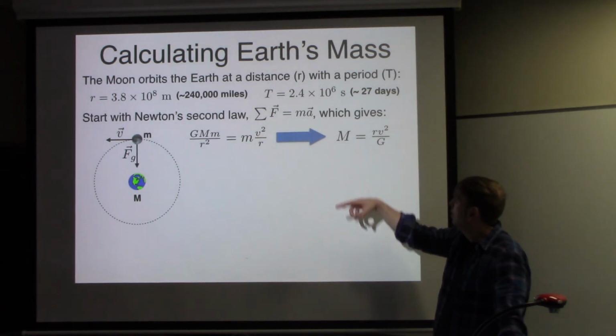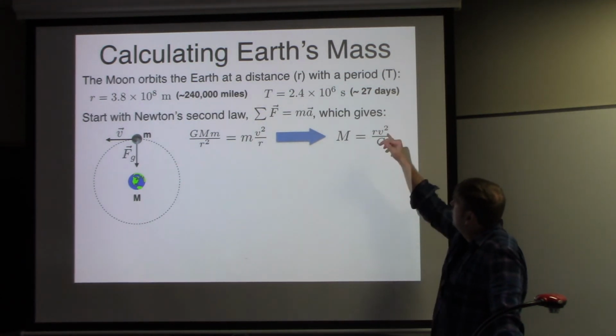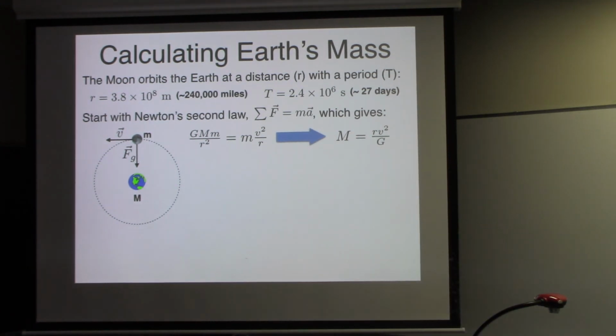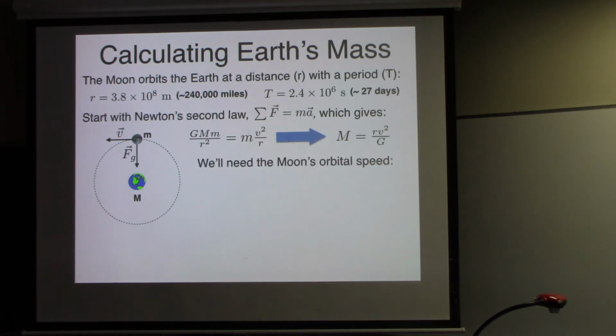If I only knew what v is, then I can figure out the mass of the Earth. If I could figure out how fast the Moon is moving, I can figure out the mass of the Earth. So let's get the Moon's orbital speed.